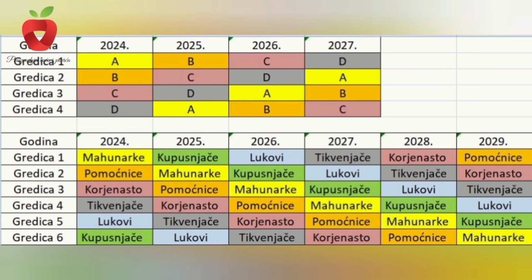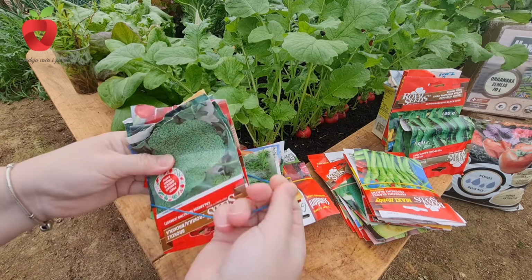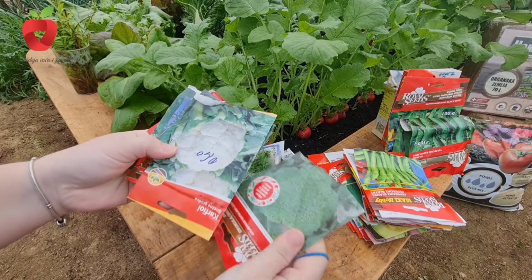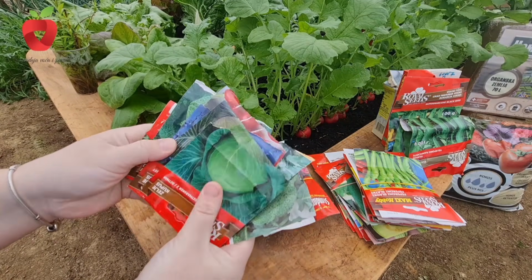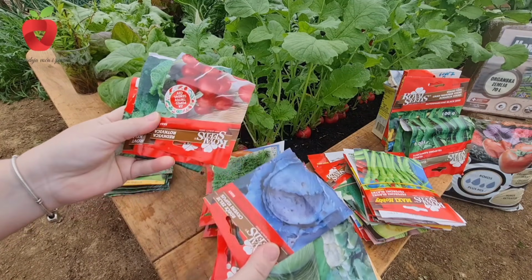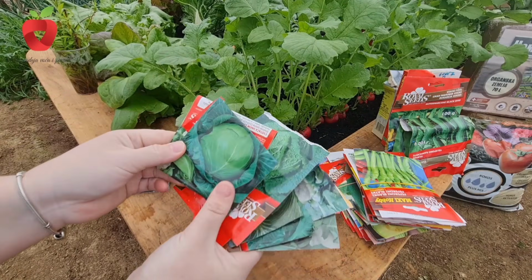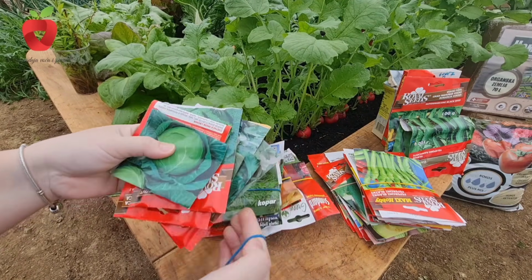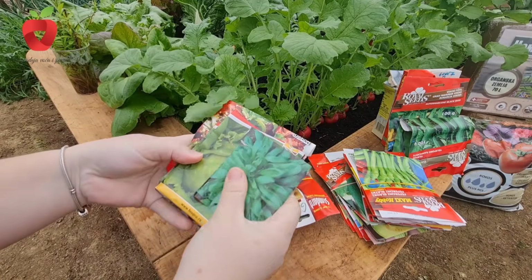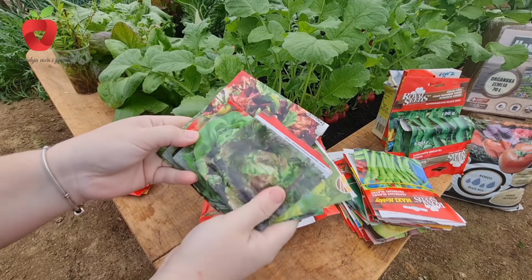Here we will show you how it should look, and we will tell you all the plants that are inside this table. On the A list, we have leaves and flowers, brassicas that are cabbage, kale, broccoli, cauliflower, kohlrabi, radish, turnips, Chinese cabbage, and head crops, lettuce, endive, chicory, and artichoke.